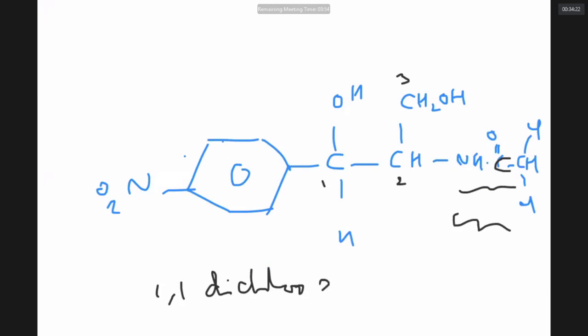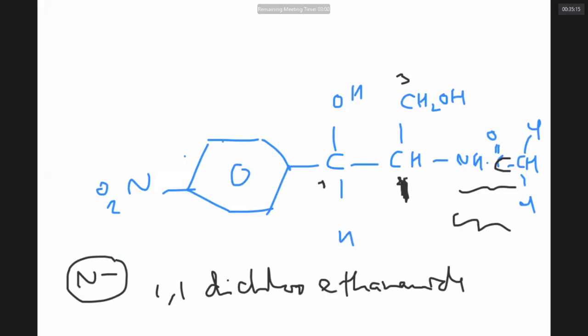This is linked through nitrogen to a carbon chain, which is to be numbered such that the point of linkage is the first carbon, then the second carbon.